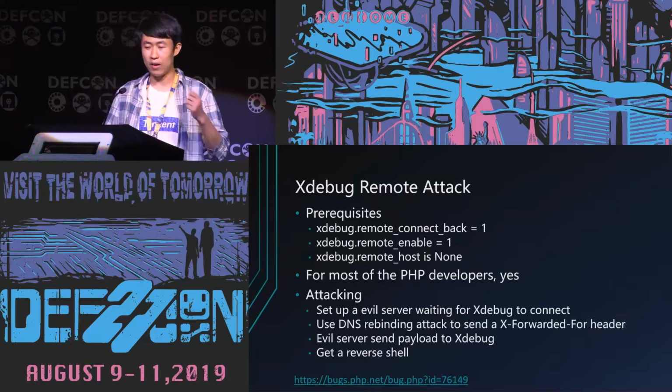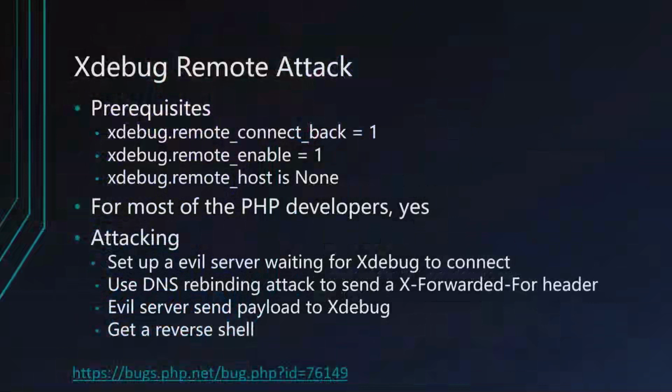Then we can attack it using DNS rebinding. We can set up an evil server waiting for Xdebug to connect, and then use DNS rebinding to send a custom X-Forwarded-For header that points to the evil server. So the evil server will interact with Xdebug, and finally we can get a reverse shell.